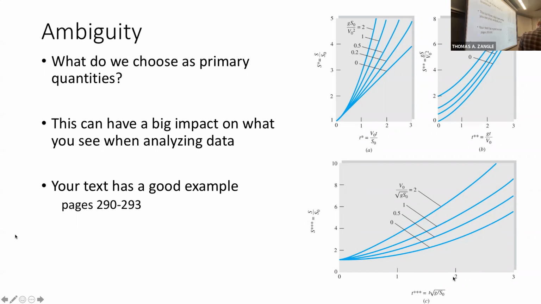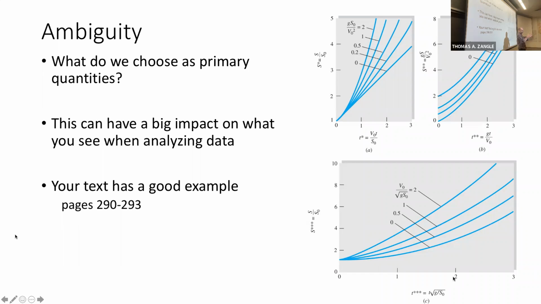So one bit of ambiguity is what do we choose as primary quantities? Remember, if we have our list of variables, we look at the number of dimensions or fundamental physical quantities that we have to deal with in the system, like mass, length, time, and we choose the same number of primary variables as there are fundamental dimensions. But now the question is, what should we choose?